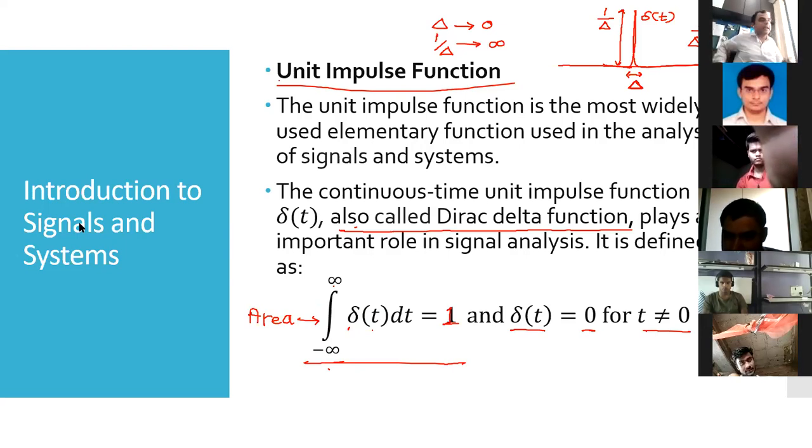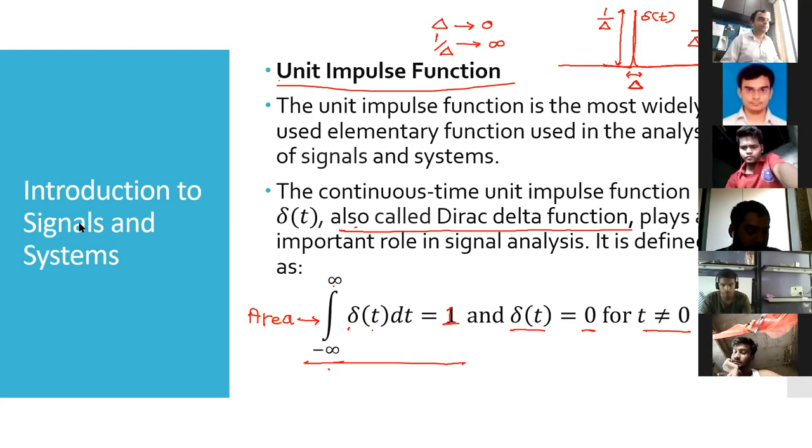If you want to calculate the area under the curve, then you need to integrate the equation, right? From the lower limit to the upper limit. In this case, the lower limit is minus infinity, upper limit is infinity. Okay. So if you integrate it, finally you will get 1. Understood?